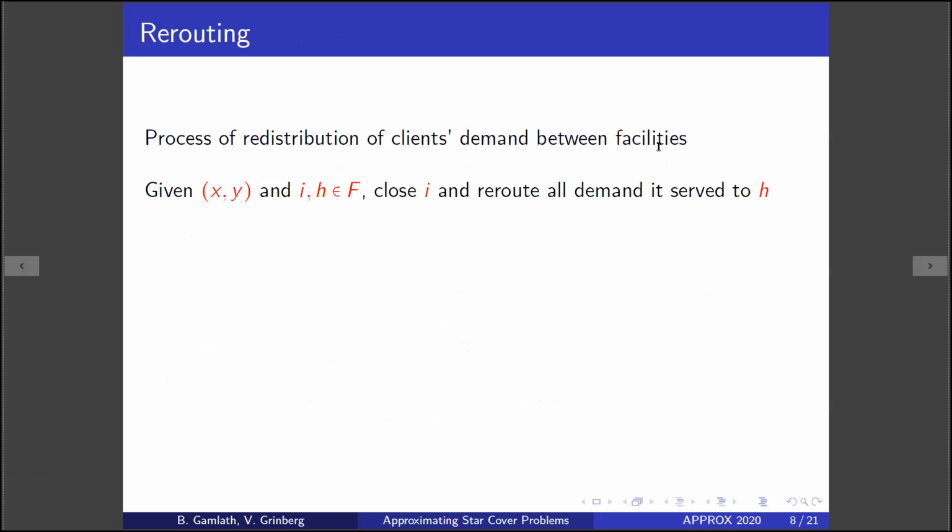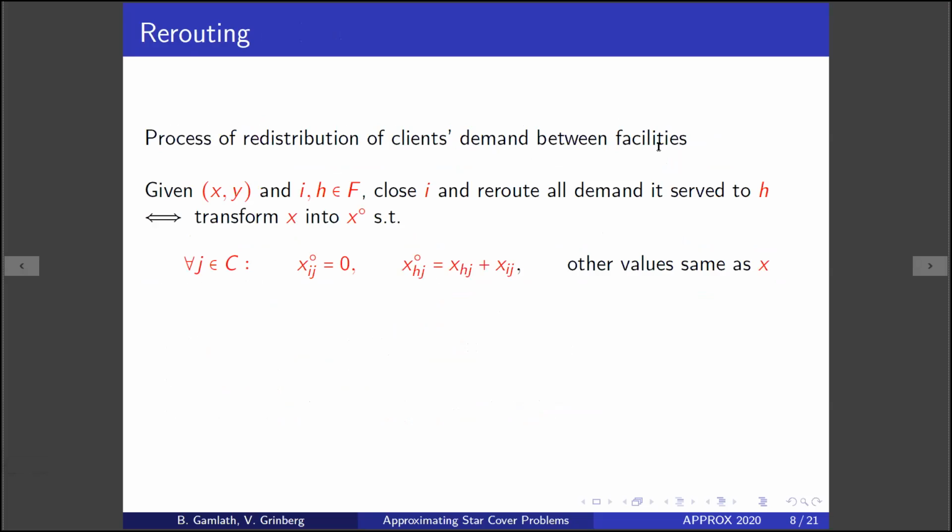Let me explain in more detail how the redistribution process works, which I call rerouting. Given a solution (x, y) and a pair of facilities i and h, when I close i and reroute all demand to h, I basically create a new assignment x-circ, which removes the demand associated with i and adds it to the current demand of h, leaving all the other variables unchanged.